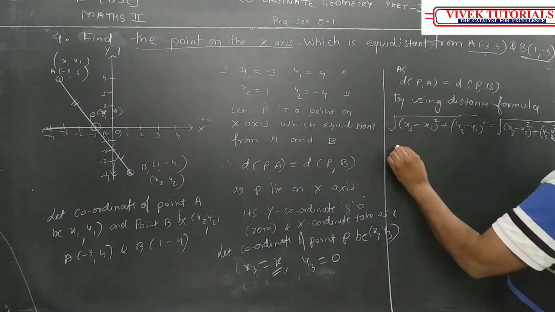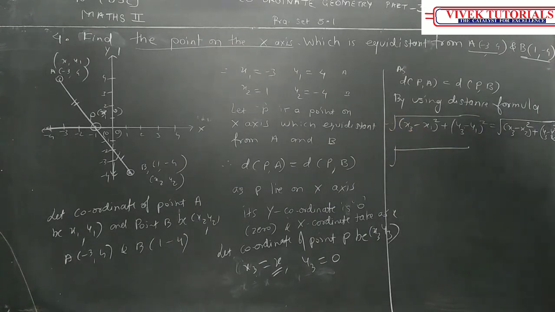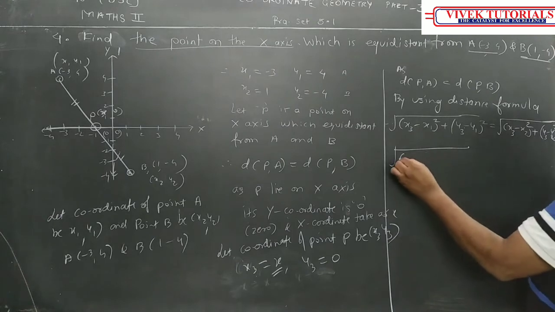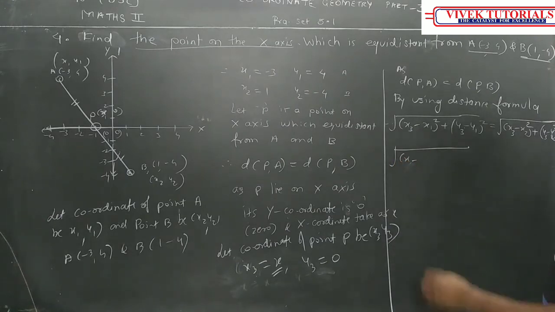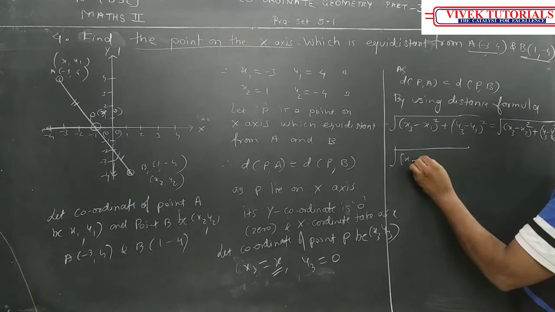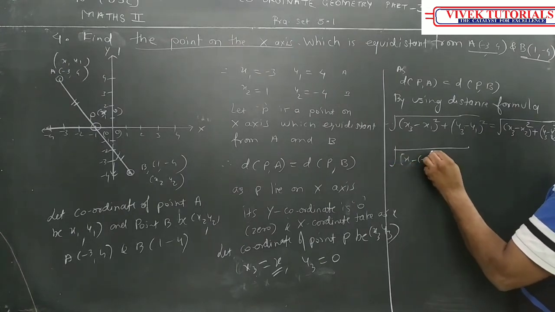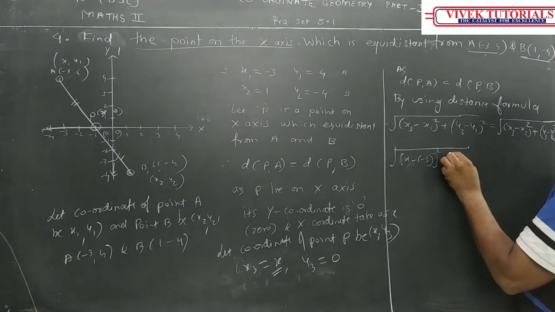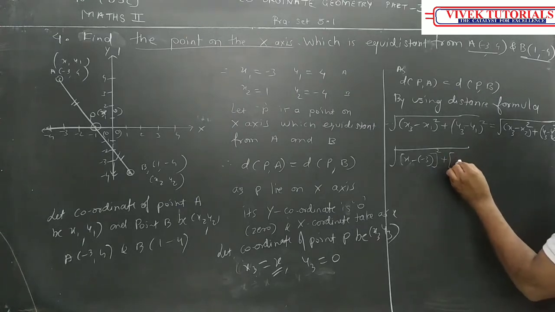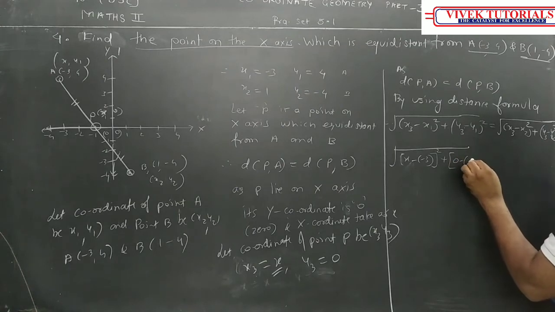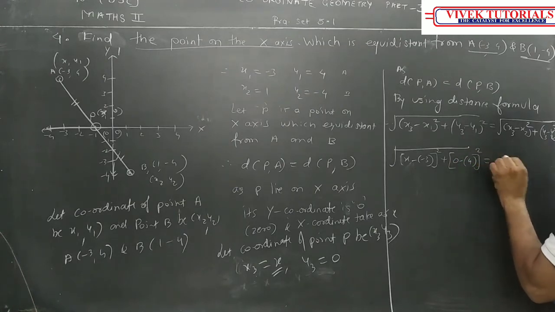Therefore, what is the value of x3? x3 is nothing but x and x1 is minus 3 the whole square, and in the second bracket y3 is 0 minus 4 the whole square.